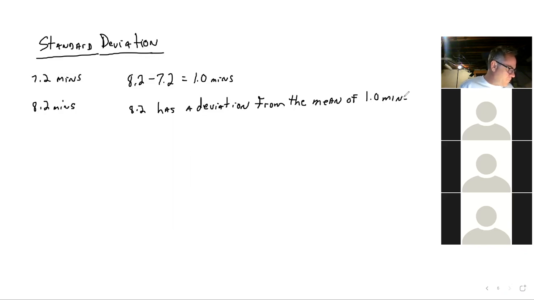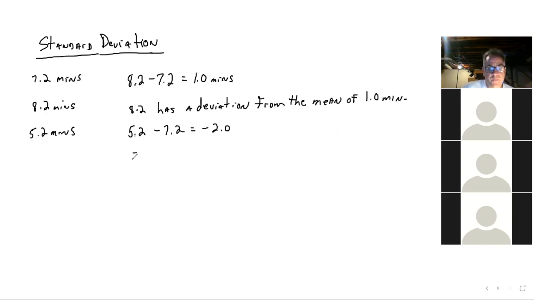Okay. Now, if you're, say, 5.2, if your wait time was 5.2 minutes, then that would be 5.2 minus 7.2, which would be negative 2.0.